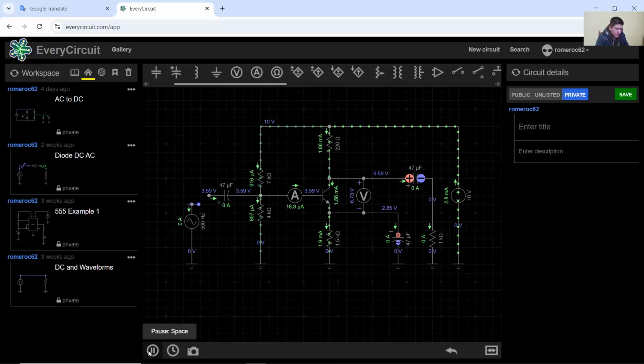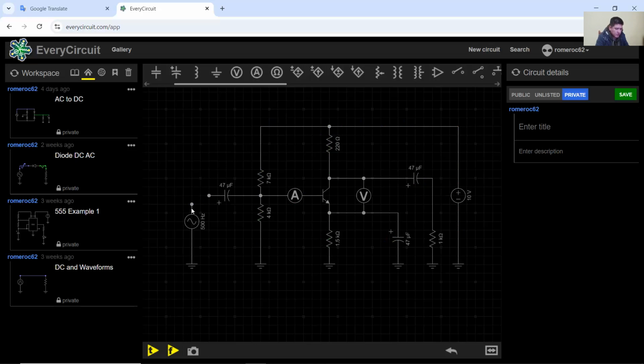And now pause, rewind, connect the alternating current source, run time domain simulation. Okay, very good, and pause, rewind.